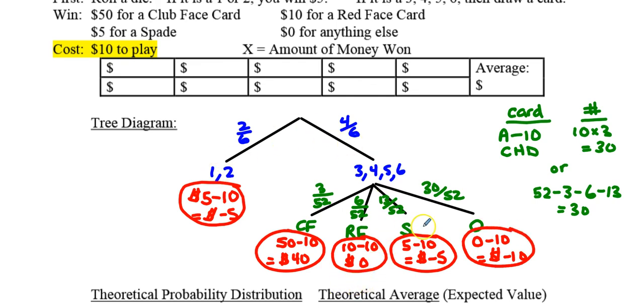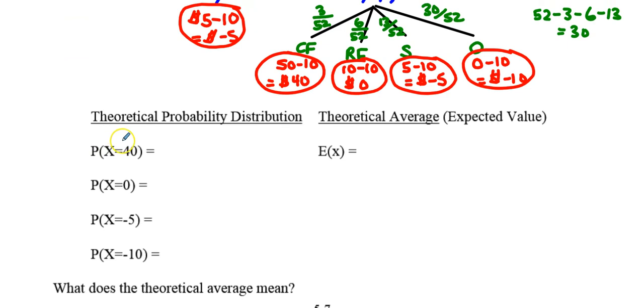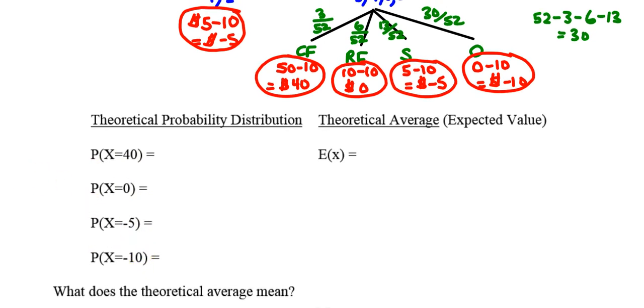So that's how you draw your tree diagram. With each set of branches, you label with the outcome, the probability, and the amount of money you walk away from. When you go to make your probability distribution, it's easiest if you list your outcomes in either ascending or descending order.